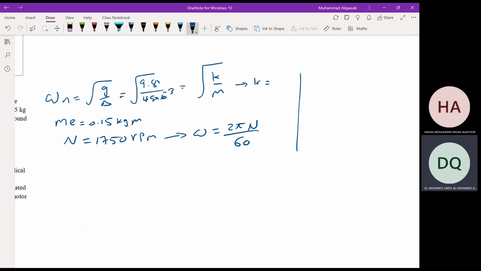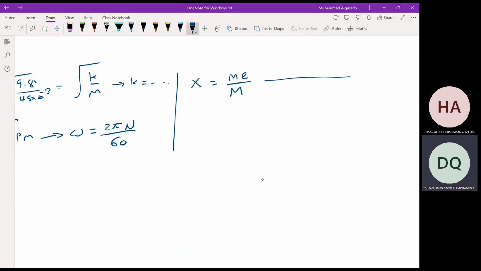So the amplitude is X equal to ME over capital M, the total mass, times R squared, where R is the frequency ratio, divided by the square root of (1 minus R squared) whole squared plus (2 zeta R) squared. So this is the amplitude for the rotating imbalance. Here we have no damping, as mentioned, damping is neglected, so you put zeta equal to 0.